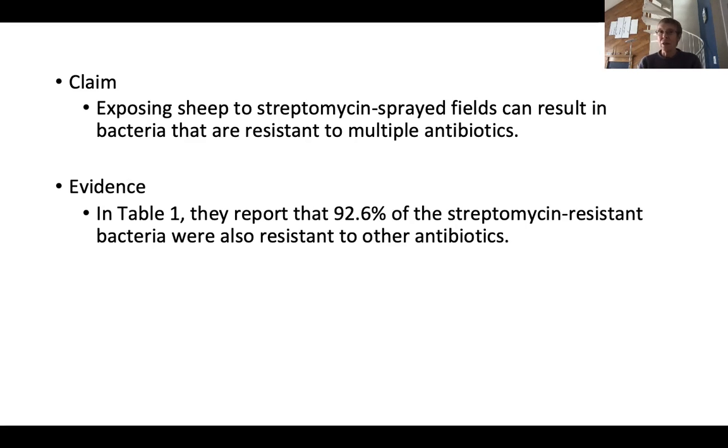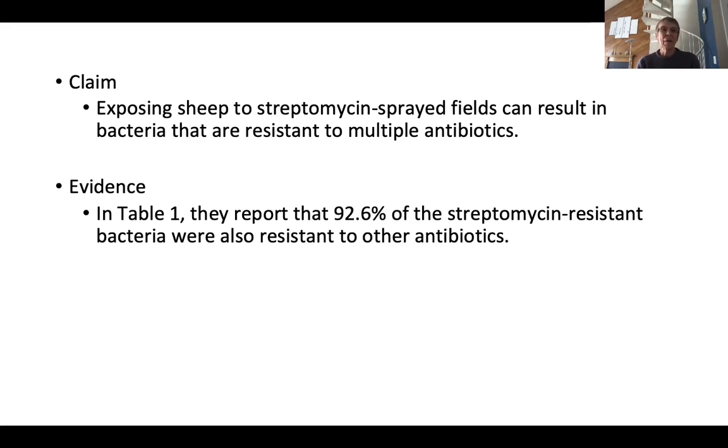This is a pretty good claim and evidence. They are making a claim. I would rather that they said exposing sheep to streptomycin fields did result. Okay, can is slightly contingent, but I'll accept it.